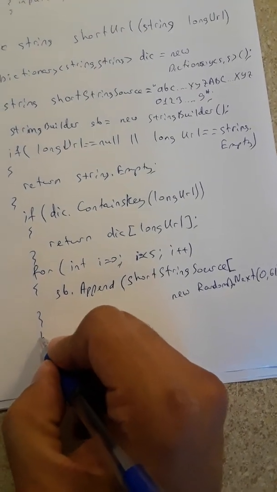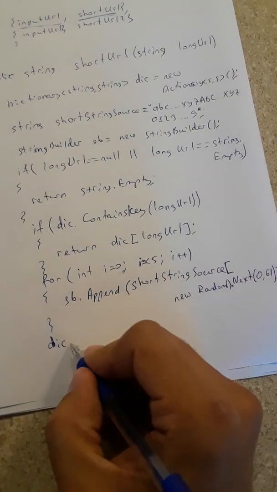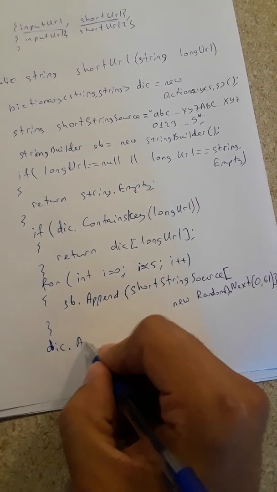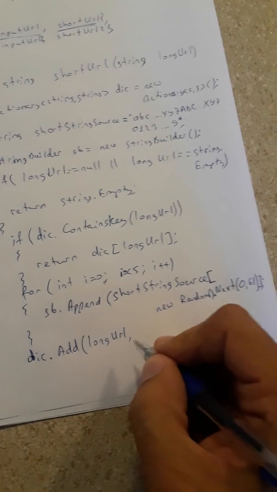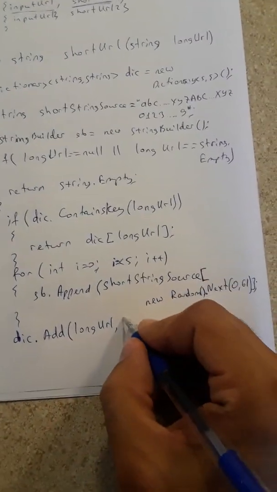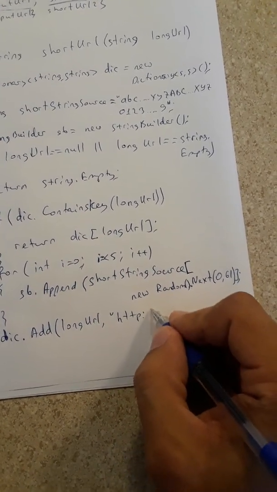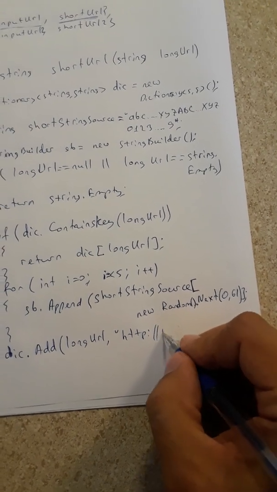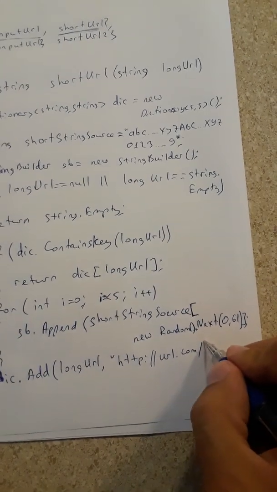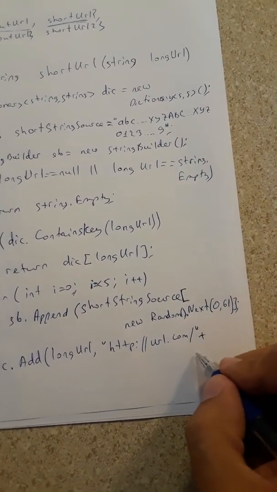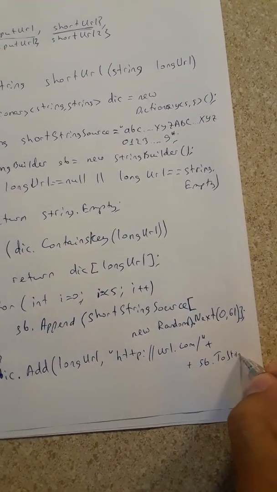And after that I will add the newly generated string to my dictionary, and the long URL will be used as a key, while for the value I will use something like http url.com/ plus the string builder converted to string.